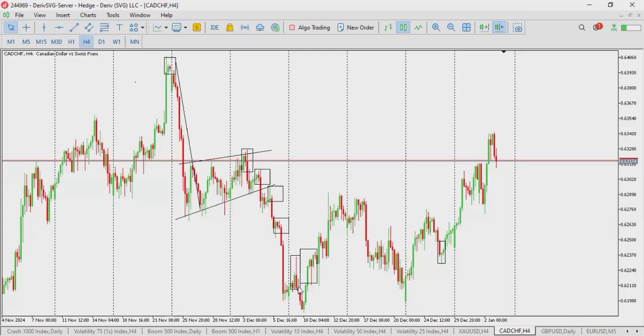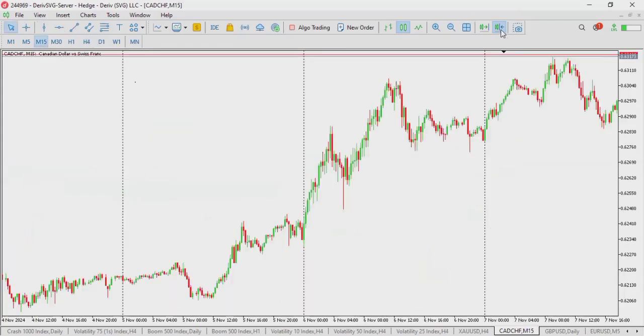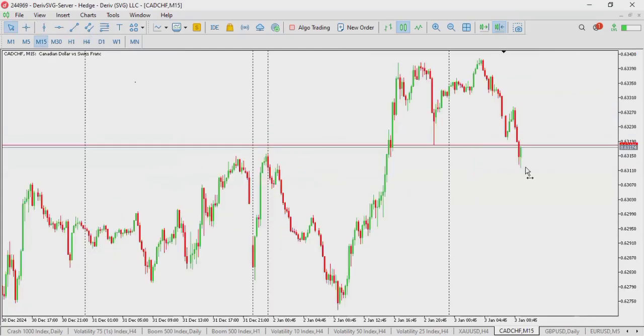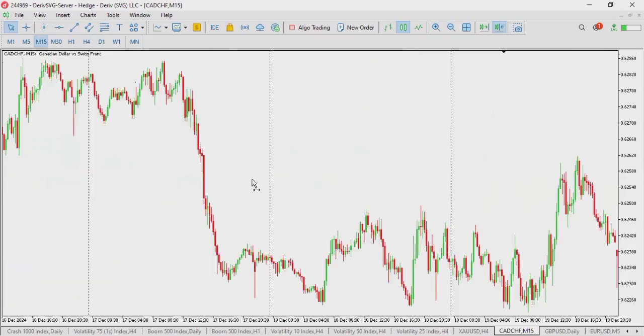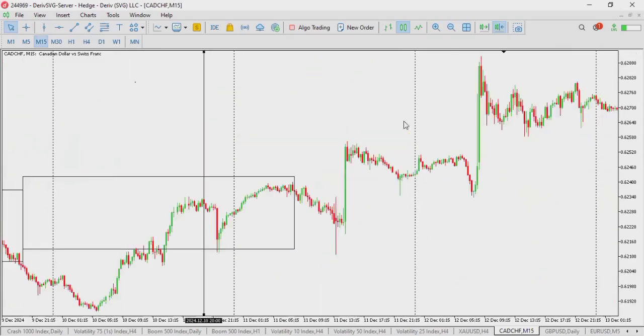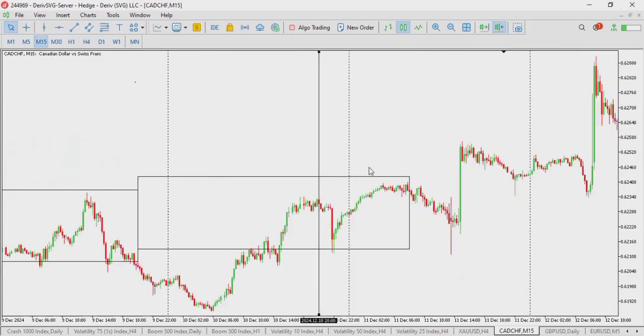For example, now I'm going to drop over to the lower time frame so you get to see this clearly. For the records, I'm on the 4-hour time frame. That's my marker. Look at what happened.